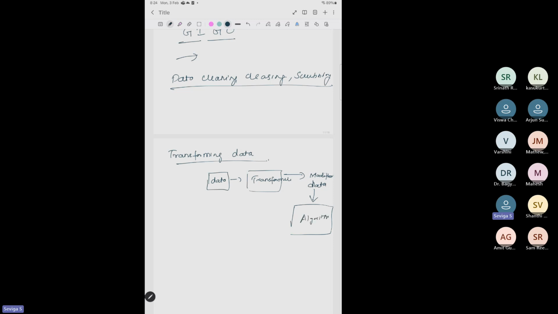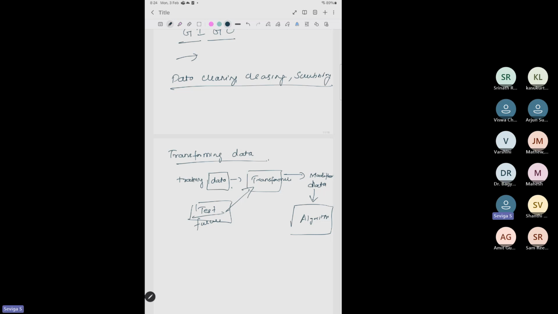If you are modifying the training data, you have to modify even your test data or any future data by the same transformation. Whatever transformation you are applying to the training data, you have to apply the same transformation to all future data or the test data.